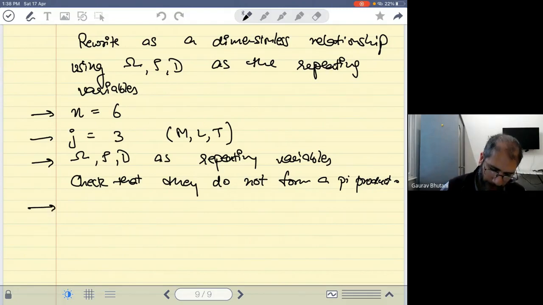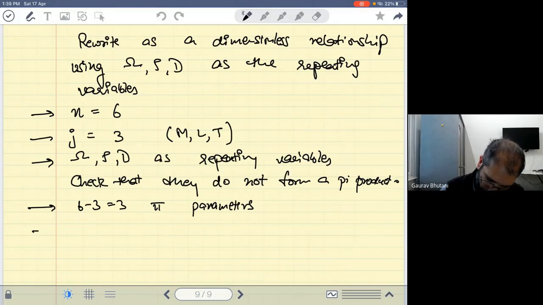So next, if they do not form a pi product, then we can define 6 minus 3, that is equal to 3 pi parameters. So the first one is pi 1. So pi 1 we write in terms of the power p. So this becomes p, and then you have the 3 variables, omega to the power of a, and then density to the power of b, and diameter to the power of c.